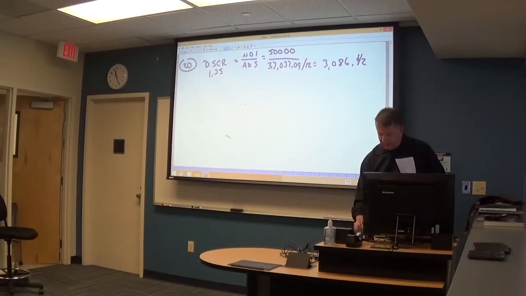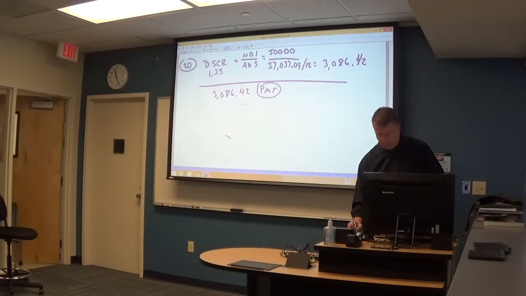Once we've got that, we take the 3,086.42, put that in as payment for a 5% interest rate, 30-year term. Solve for the maximum loan amount of $574,943.31.